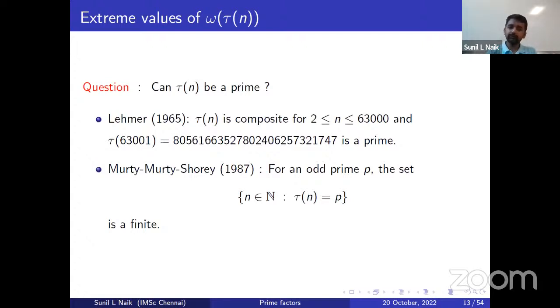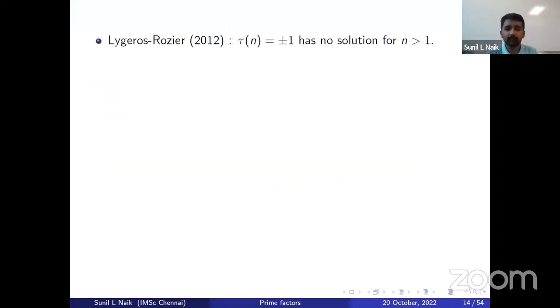By the result of Murty, Murty and Shorey, it follows that given any odd prime p, the set of natural numbers n such that tau of n is equal to p is a finite set. Lygeros and Rozier proved that tau of n equal to plus or minus 1 has no solution for n strictly greater than 1.